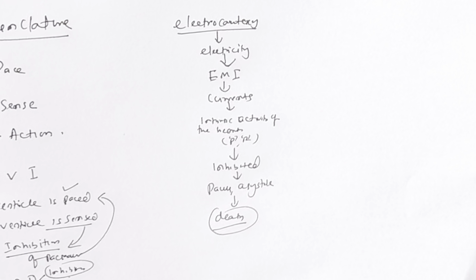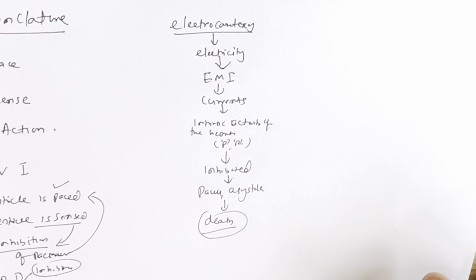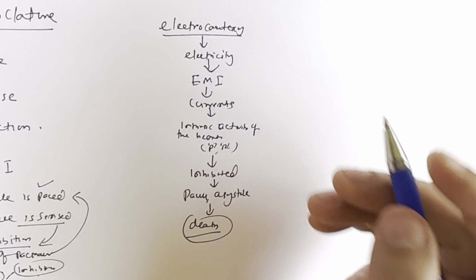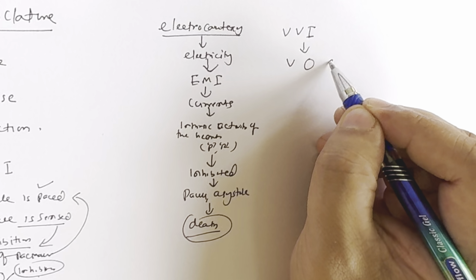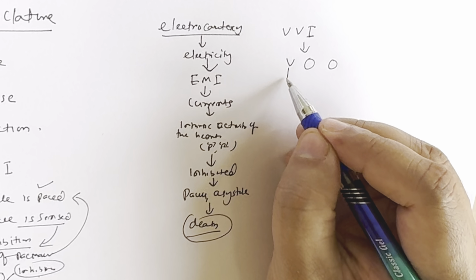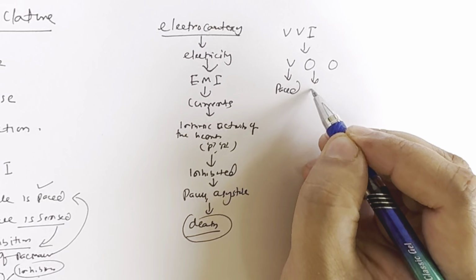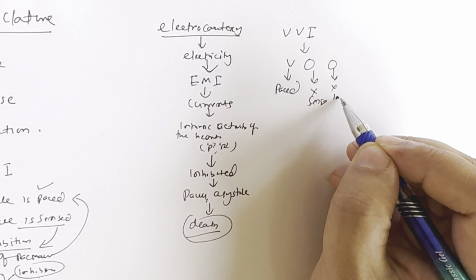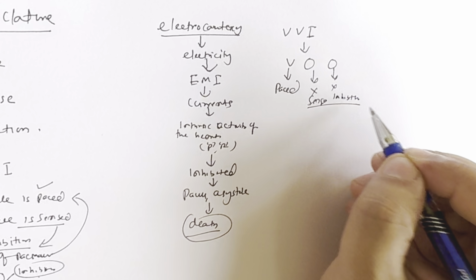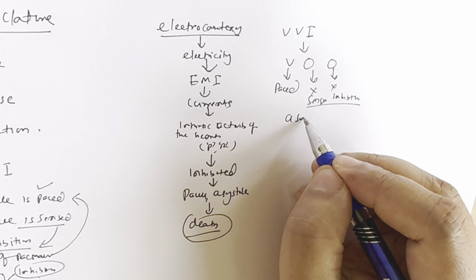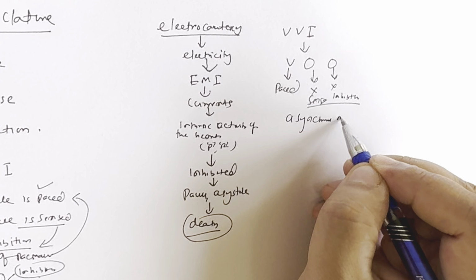And what to change? For example, if the patient is having VVI, we make it VOO. The ventricle is paced, but there is no sensing, no response to sensing, no inhibition. So this is called asynchronous mode.